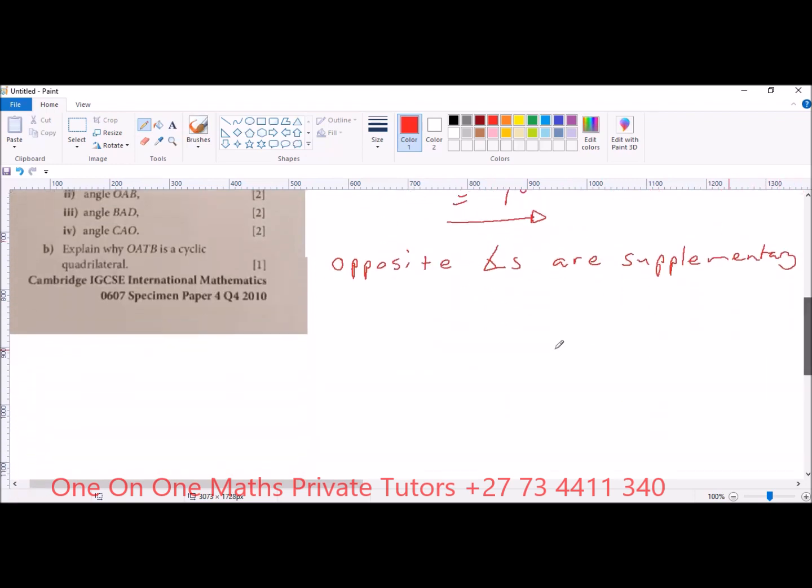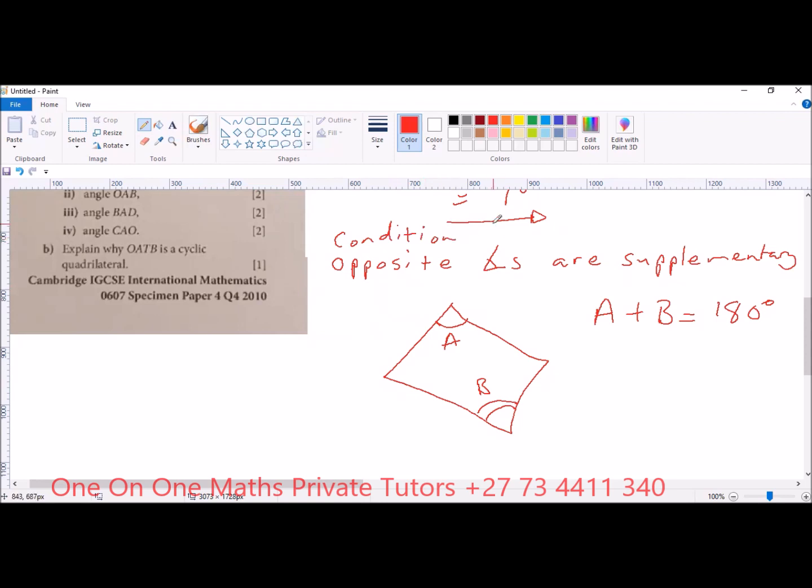What do we mean by that? If we have a quadrilateral like that, call this angle A and this angle B. A plus B is equal to 180 degrees. That is a condition for a cyclic quad.